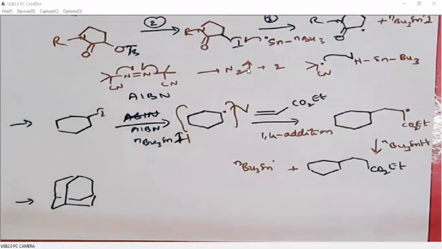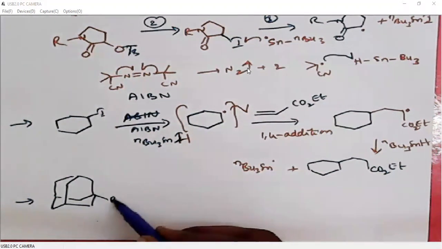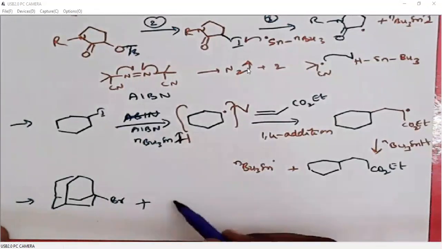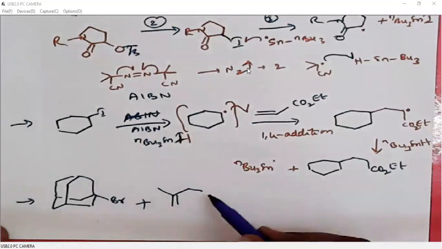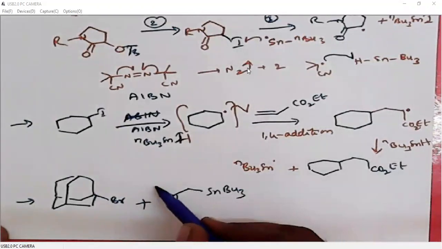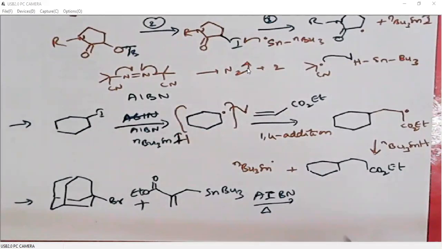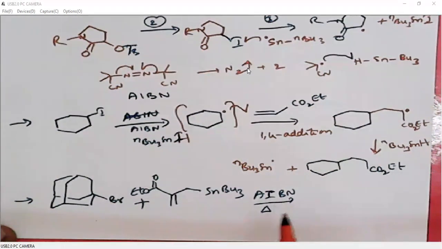So this is adamantane, bromoadamantane. What happens when we heat this compound? AIBN radical will take out this halogen, so it generates a radical here.